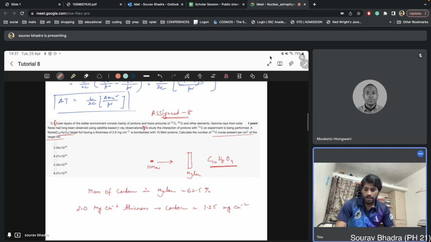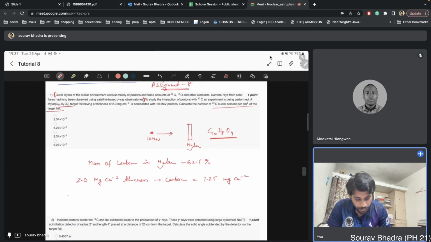Now you have to calculate the number of 12C nuclei in that particular material. Avogadro number, 6.022 times 10 to the power 23, will be in a single mole. We have 1.25 times 10 to the power minus 3 gram per centimeter square, milligram converted into gram, and 1 mole of carbon has 12 gram.